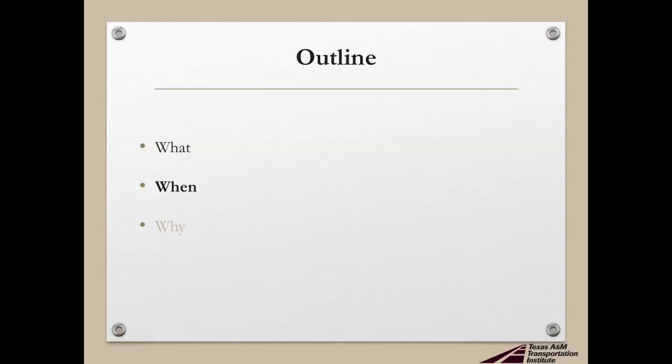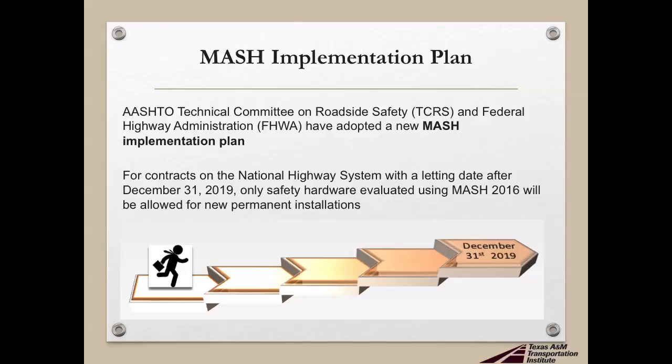So what about the when? We know now we're dealing with MASH. When is this going to become relevant, and when is this going to apply? The AASHTO Technical Committee on Roadside Safety, along with the Federal Highway Administration, have adopted an implementation plan for this document. Basically, it says that after December 31st, 2019, if you have a project or a contract let on the National Highway System, you should only be using safety hardware that complies with the MASH criteria.